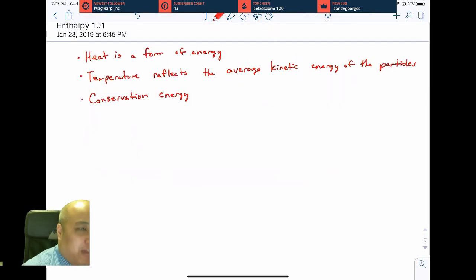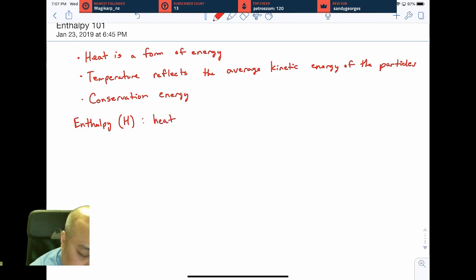And so the main focus of this is enthalpy, which is symbolized by H. Essentially, enthalpy is the heat content of a system.